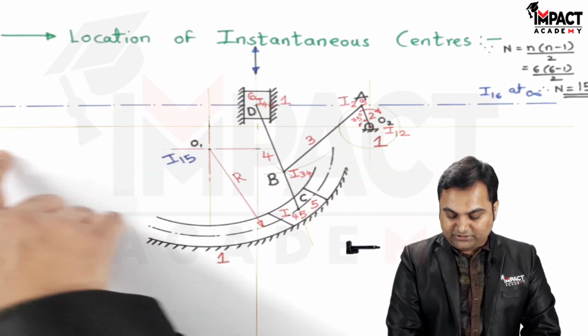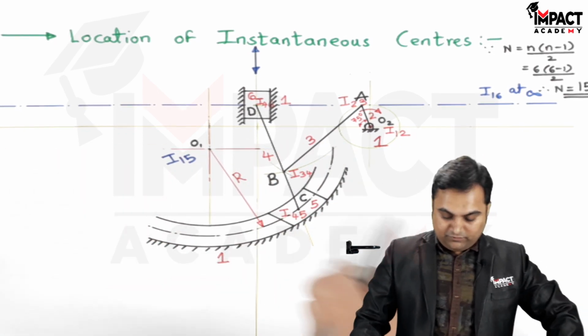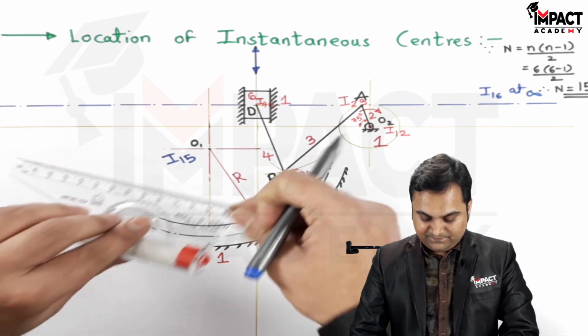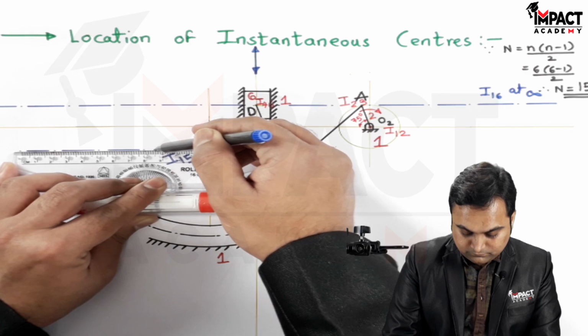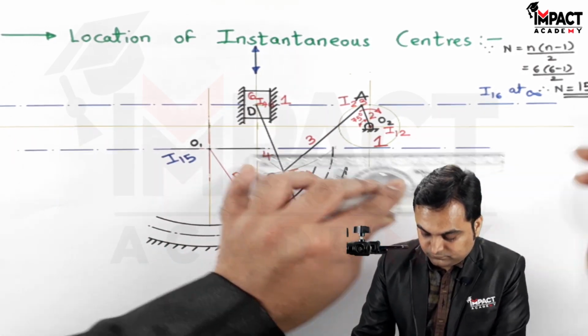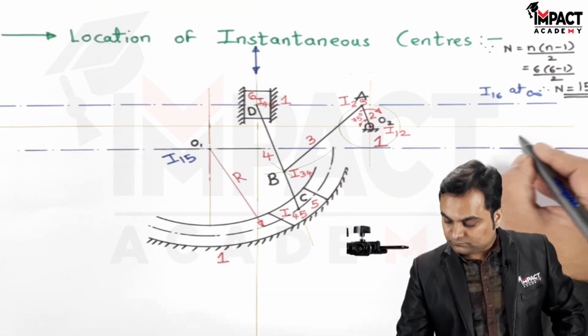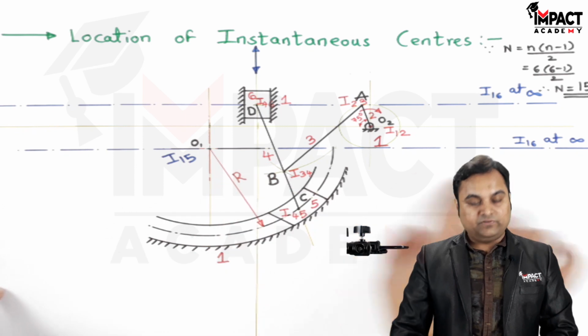So this will be projected parallelly up to O1, and that will give the intersection of 1-5 and 1-6, I16 at infinity. So this is one of the lines.